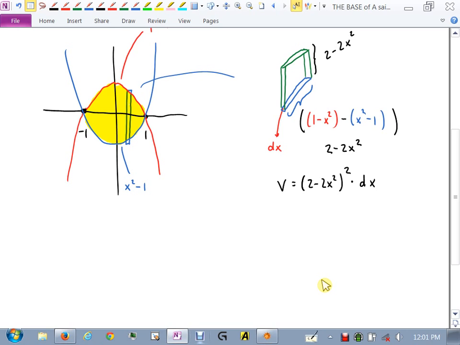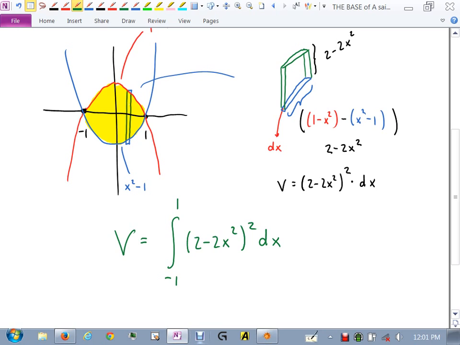Are we going to need a pi or a 2 pi? No, it's not part of our formula. So the volume of this solid that we're trying to find will be the integral from where to where? Negative 1 to 1 of the formula. 2 minus 2x squared squared dx.